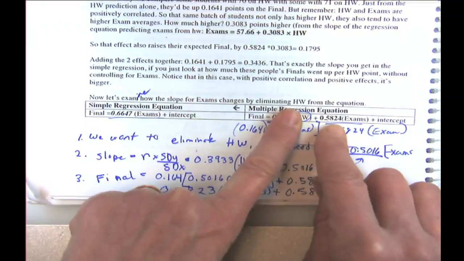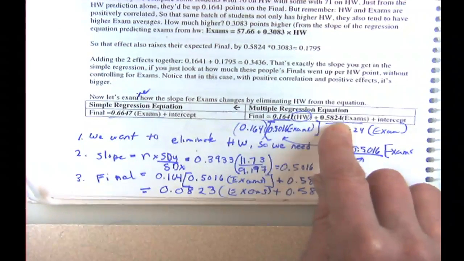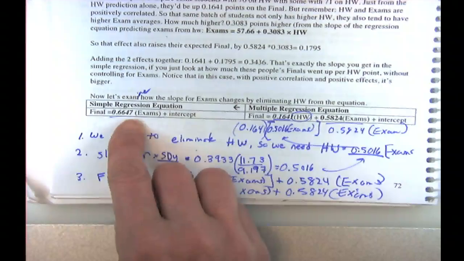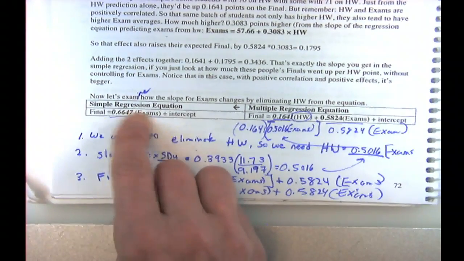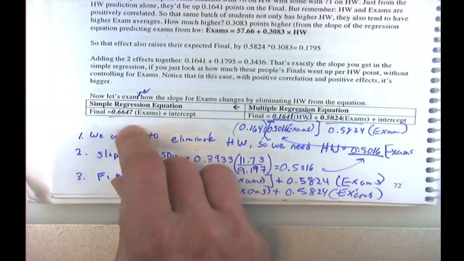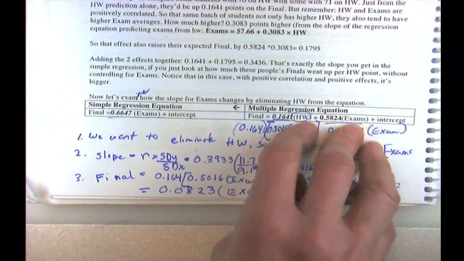So if you just look at people who have exactly 90s on their homework, this is the effect that an extra point on your exams will do. Whereas this includes the effect of homework too. It doesn't stratify by your exam scores. See, this is stratifying for each level of the other variable.